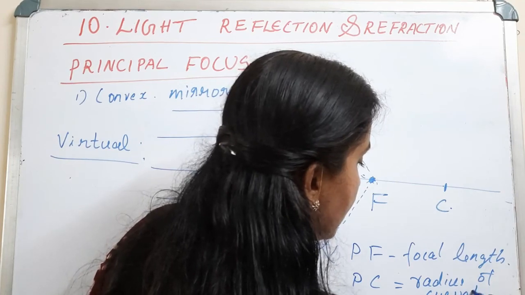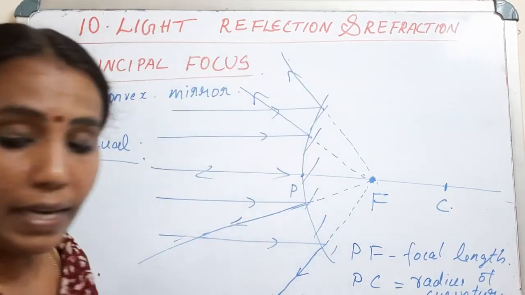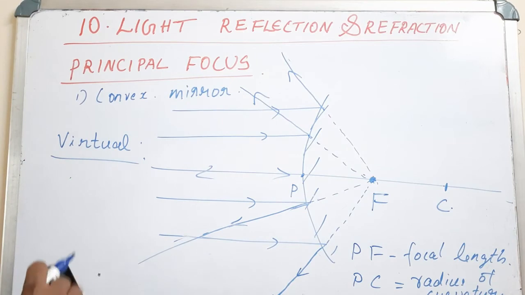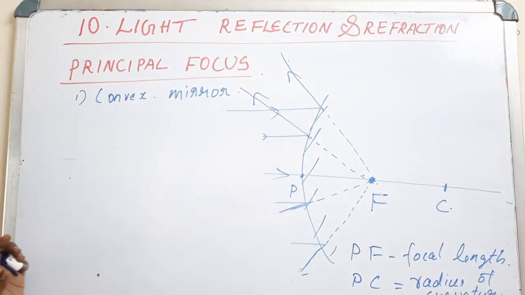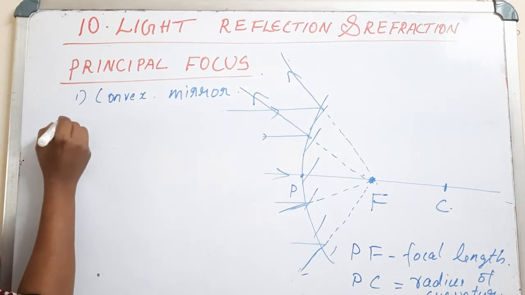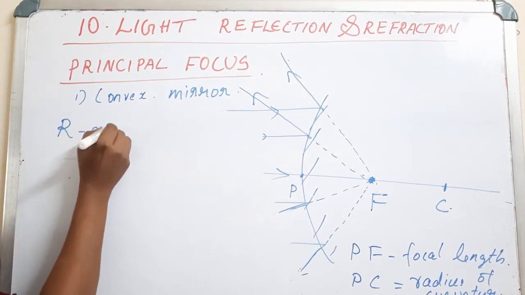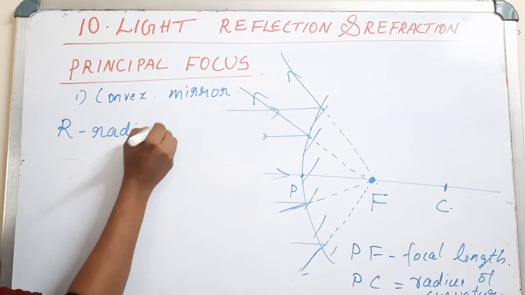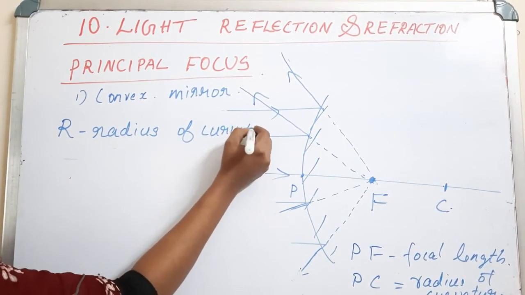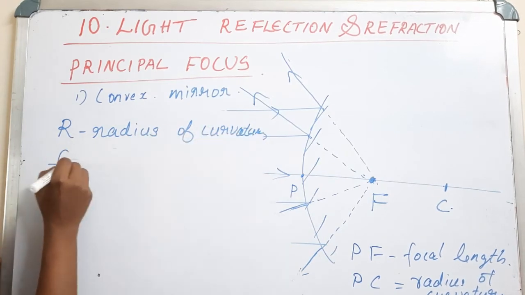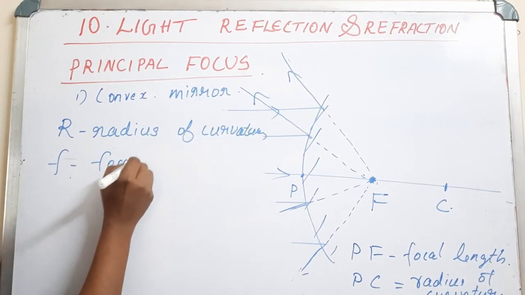So the thing is this, there is a relation between focal length and radius of curvature. That relation we will discuss now. See, R stands for radius of curvature, and F, small letter f, stands for focal length.